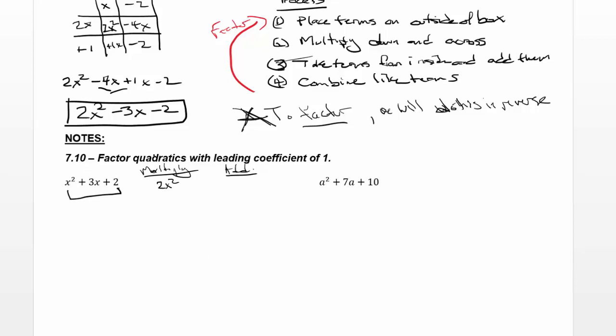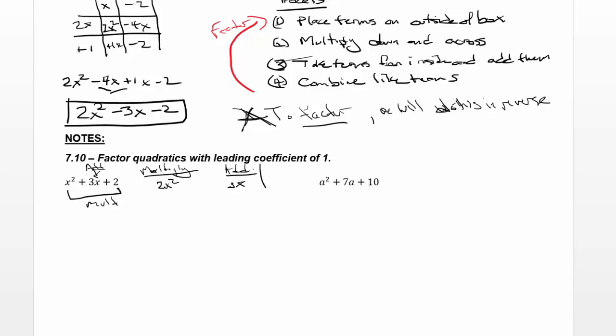The add is the middle term. So just like we worked on a couple days ago or maybe last week, we need to figure out what's a pair of expressions that multiplies to 2x squared but adds to 3x.